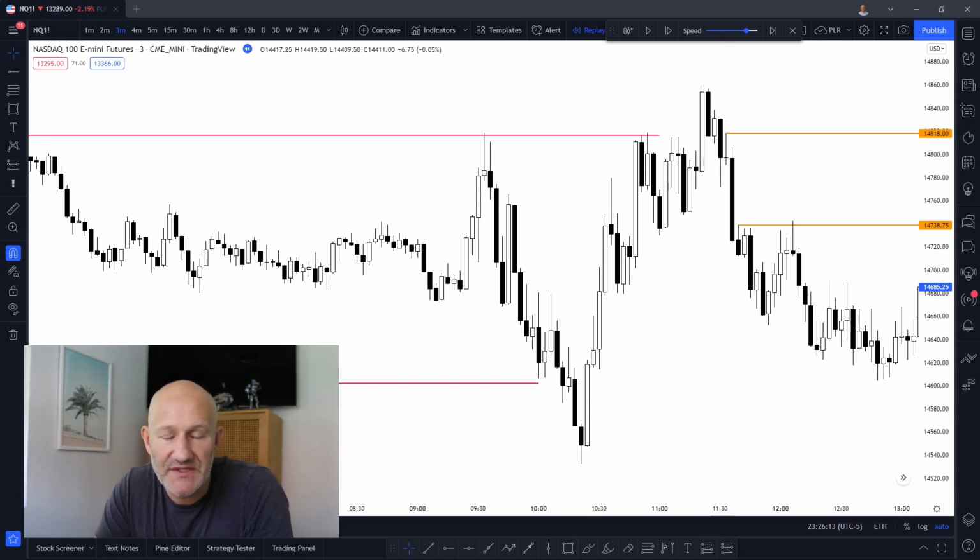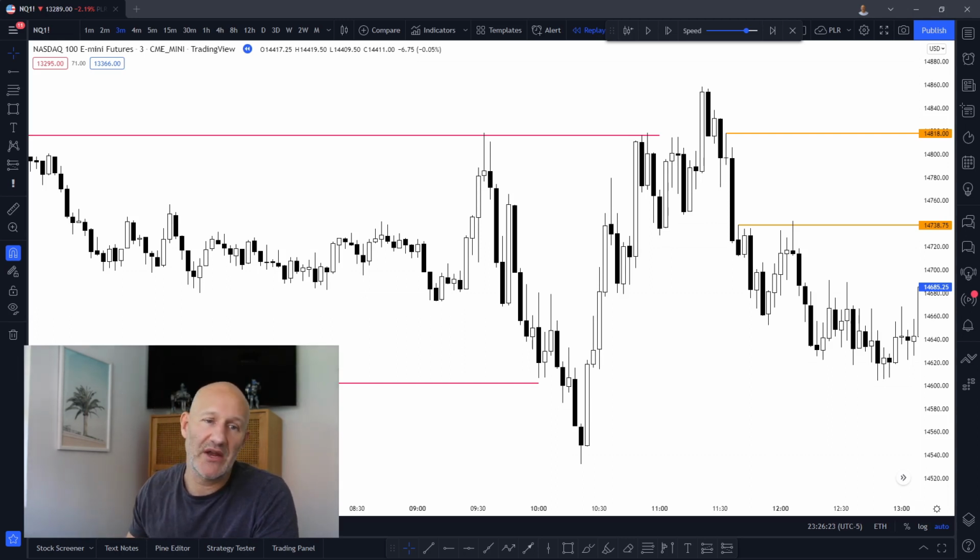So the one thing ICT talks about with this particular setup, and I experienced it myself with some of the live trading and forward testing that I did, is that it feels quite counterintuitive at the beginning. You've had this run up high, the market then comes back, this fair value gap's created. And especially in crypto where, as I said before, the market tends to overshoot, that fair value gap will often get completely filled and come very close to your stop.